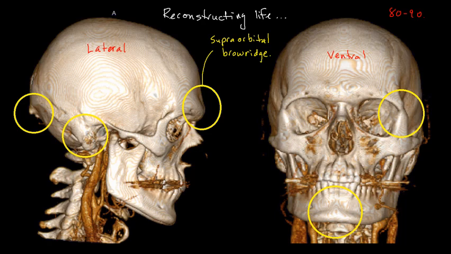And that's a landmark, I'll write that in, or a process that's used to help reconstruct life from the skeleton and achieve positive identity. So here we're seeing a fairly large supraorbital brow ridge, just beneath your eyebrows. Some people have large ones, some people have smaller ones.